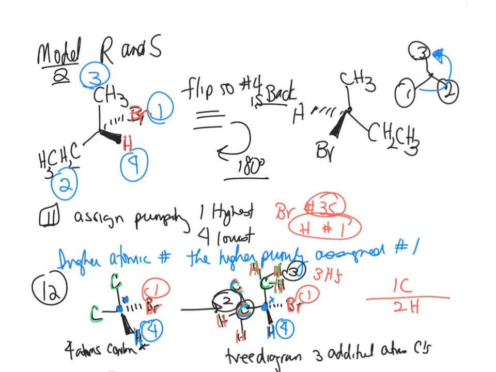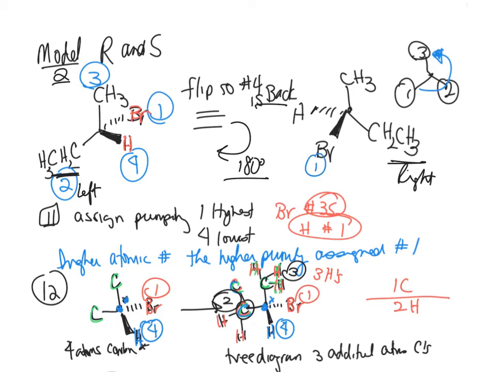Remember, whenever you rotate, what is on the left, this ethyl, becomes on the right. The CH3 stays up front, so that's why it's not really a flip. The left becomes a right, and what is away from you, what's on the dash, becomes the wedge. Okay, and so now we do our assignment here.